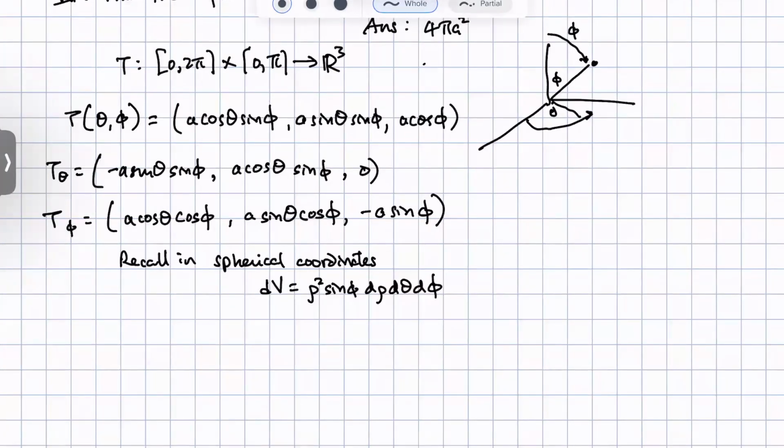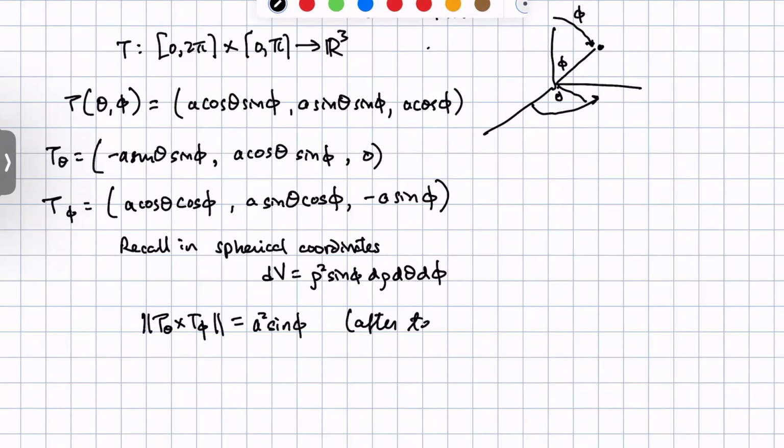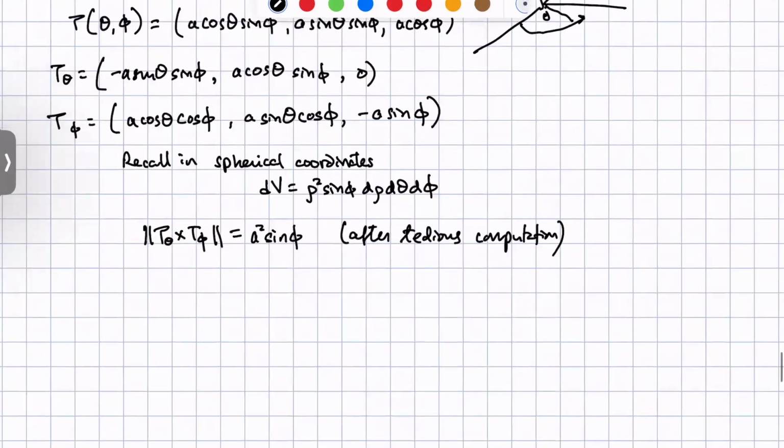What you're going to find is that after calculating the cross product and then calculating the norm of the cross product, this is going to be equal to a squared sine phi, after tedious computation. I mean, it will take like 10 or 15 minutes. It doesn't take that long, but it's not really nice.